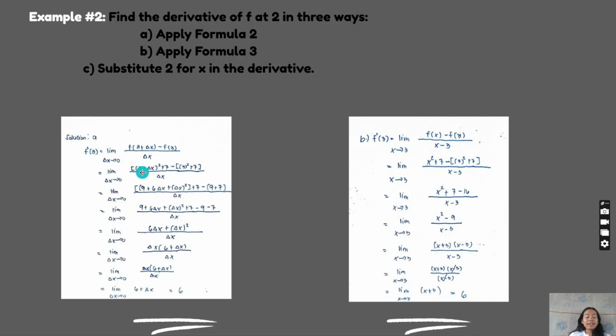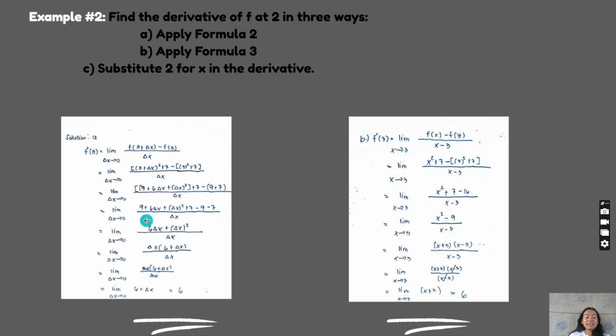So the next thing that we need to do is to square 3 plus delta x, or to expand this. And that gives us 9 plus 6 delta x plus delta x squared plus 7 minus 9 minus 7 here. So 3 squared, that's 9, plus 7. And since there is a minus sign here and we have distributed it, it gives us negative 9 and negative 7.